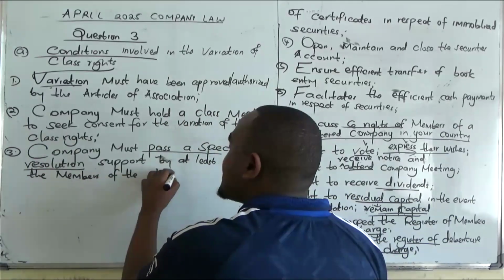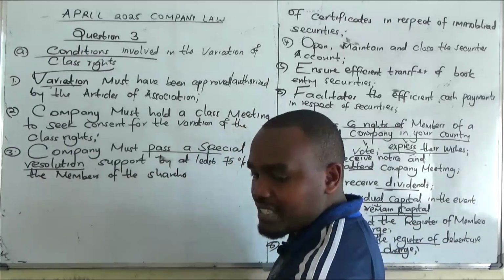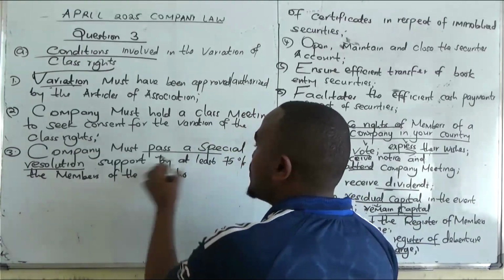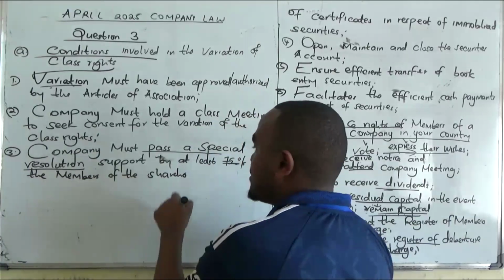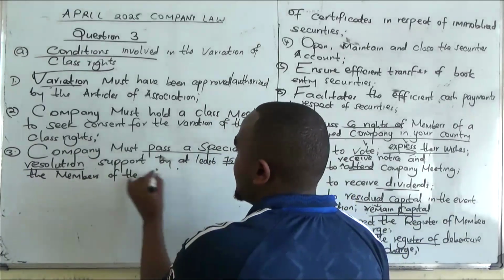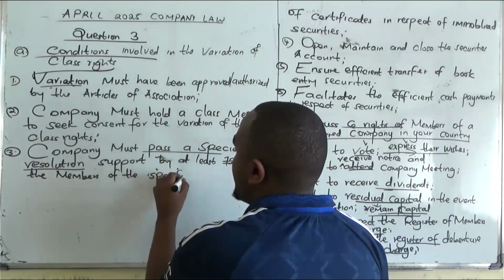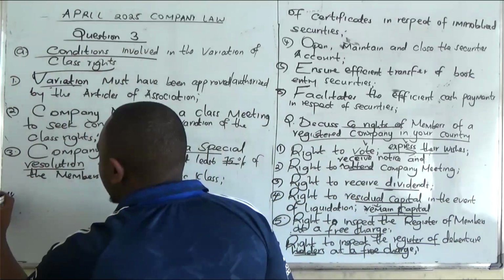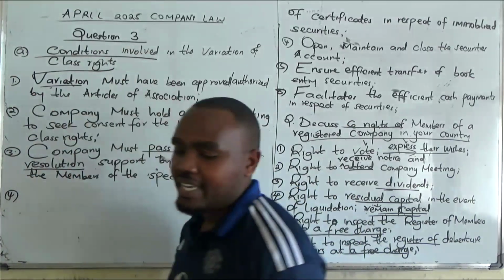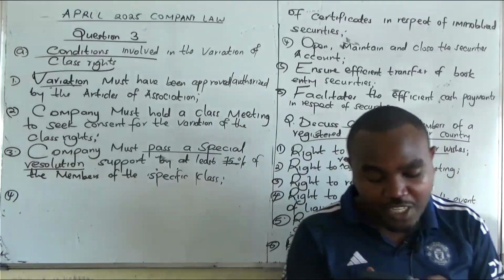The examiner has even told you there that you have to put into consideration the ones that are dissenting. So if it is 75, normally we have 100%. So we have the remaining 25 members of the specific class. So what about those of us who are against? That is what the examiner has told us. We need to consider them.